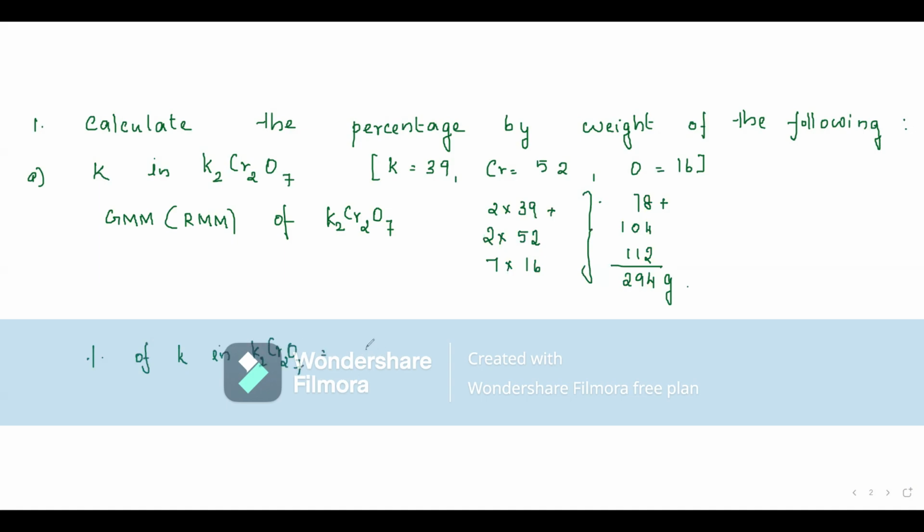Now, percentage of potassium in K2Cr2O7 is weight of potassium in K2Cr2O7 by GMM of K2Cr2O7 into 100. That is 2 into 39.